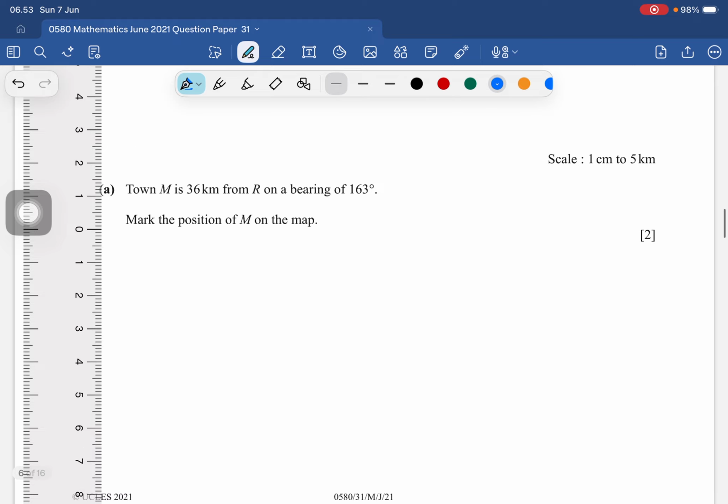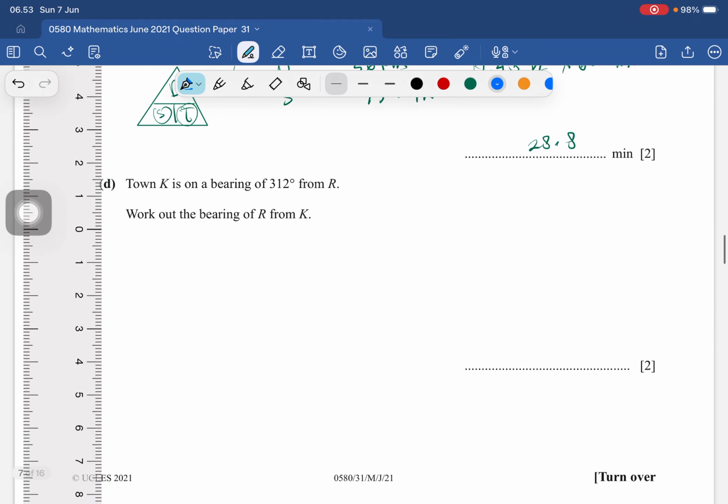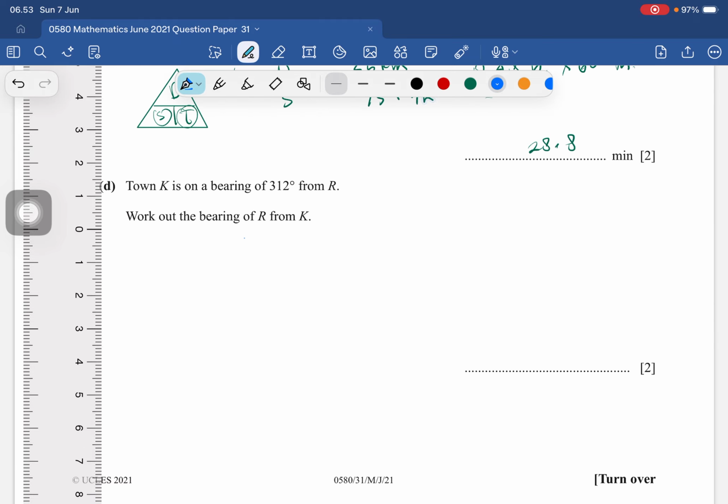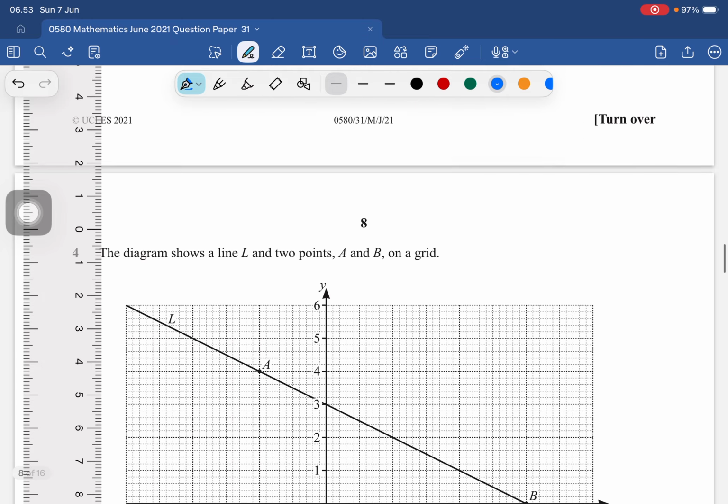So the bearing of R from K is 132 degrees.